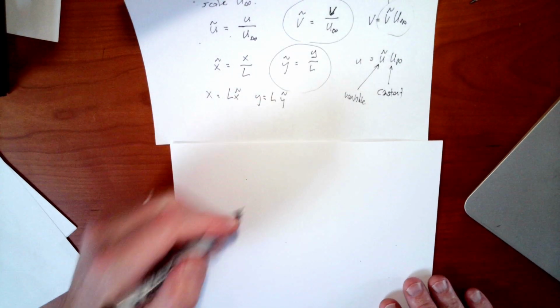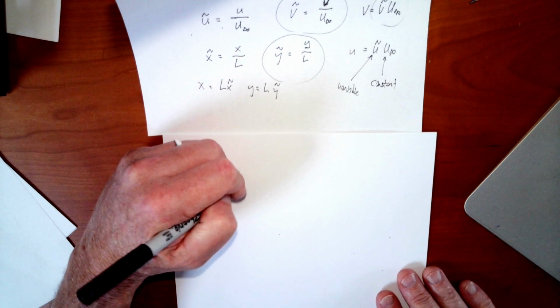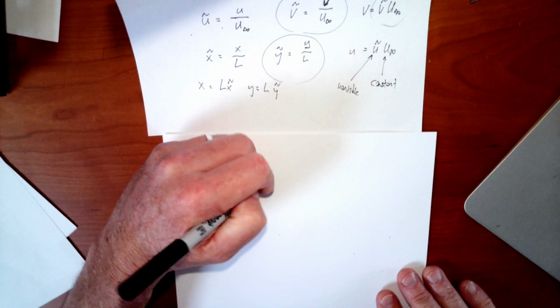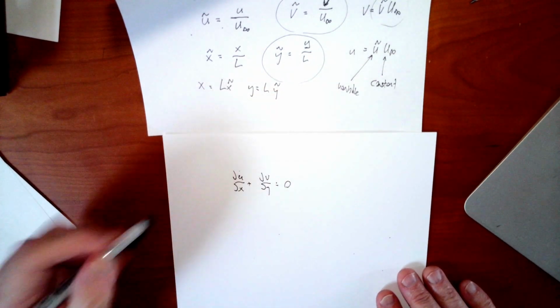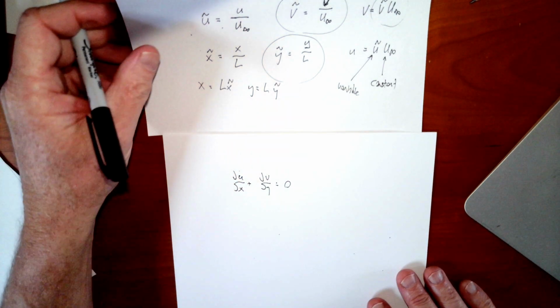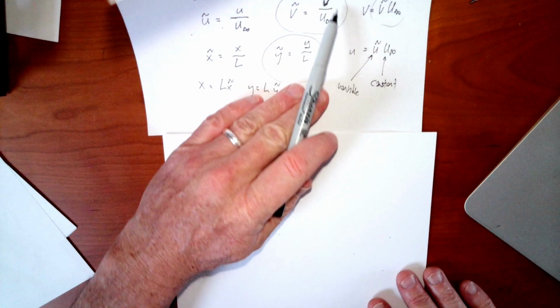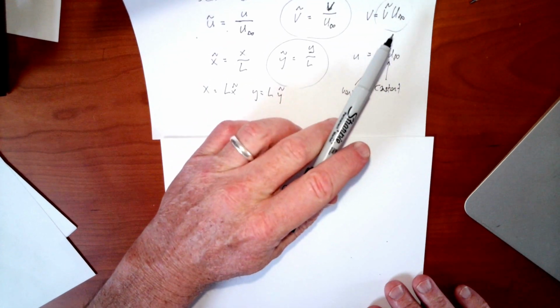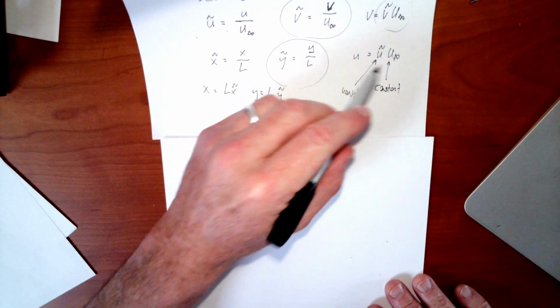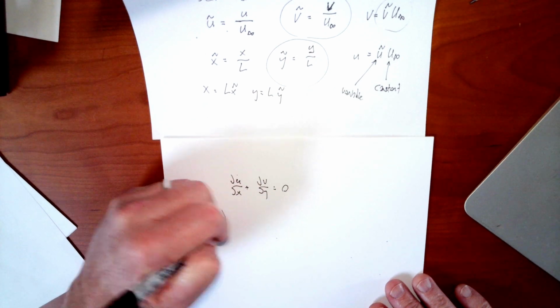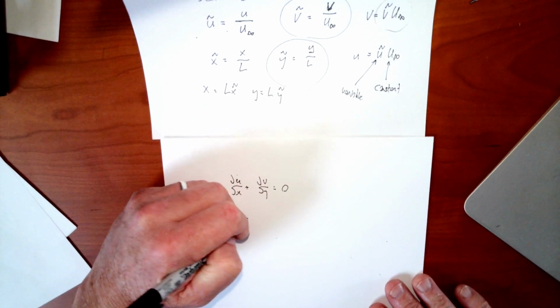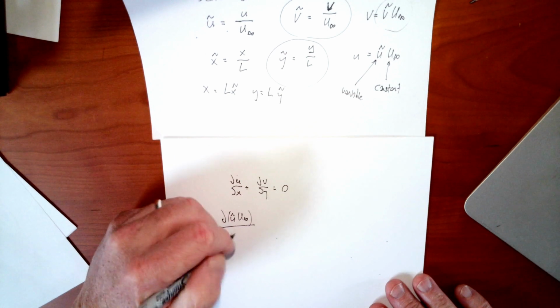So I'll start with the conservation of mass. So du dx plus dv dy is equal to 0. And I'm going to plug in my scales, which are here. So my v is equal to v tilde times u infinity. And my u is u tilde times u infinity. So I have d of u tilde u infinity by dx.